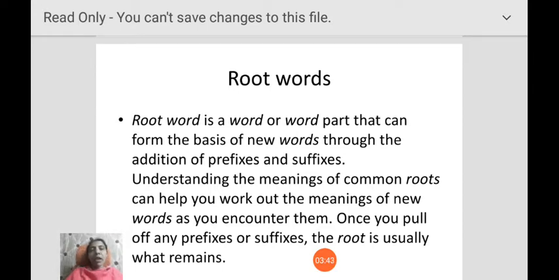Okay. And you need not learn by heart all the words related to that root word. You can simply guess. And once you remove the prefix or suffix from a word, what remains is the root. That's why we are calling it the root. It is the essential part of the word.